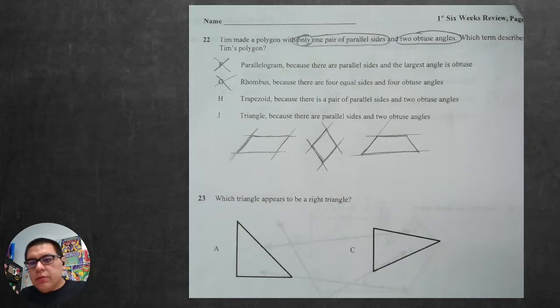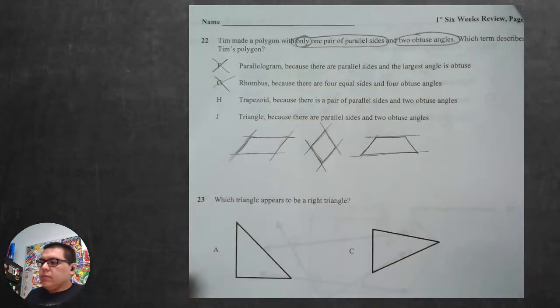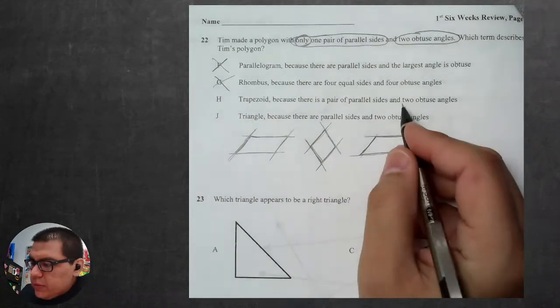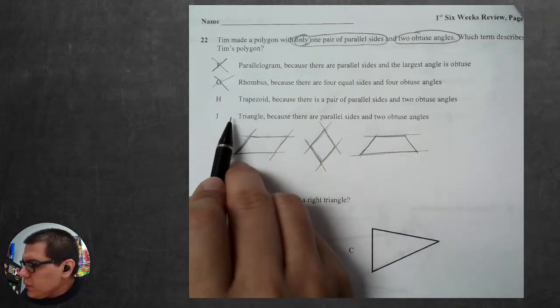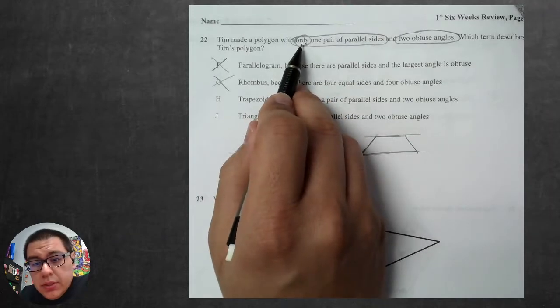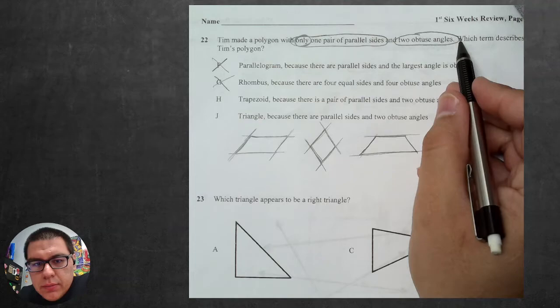Kind of like a triangle. So that doesn't work. So they do have one pair of parallel sides, which is good. I'm looking for that. And two obtuse angles.